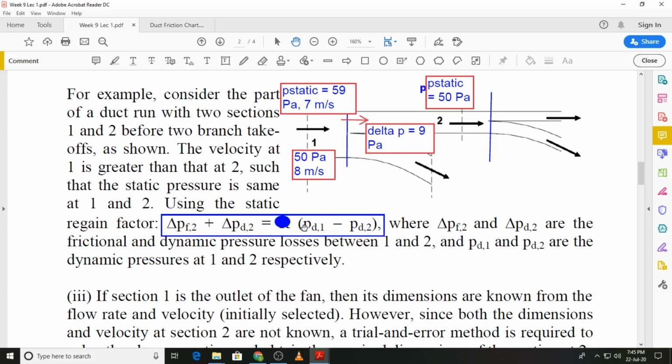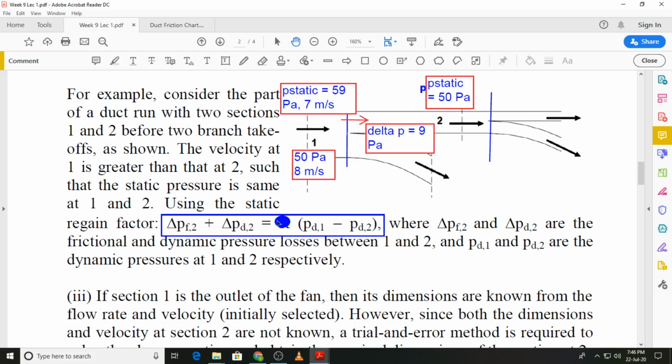So the change in the dynamic pressure, because we had a higher velocity at section 1, a lower at 2. So this is the change in the dynamic pressure or a decrease in the dynamic pressure, and that decrease in the dynamic pressure will be equal to the increase in the static pressure under ideal conditions. As we had looked at those values above, decreasing the velocity from 8 to 7 meters per second caused a change of 9 pascals in the dynamic pressure, and that means the static pressure rose by 9 pascals.